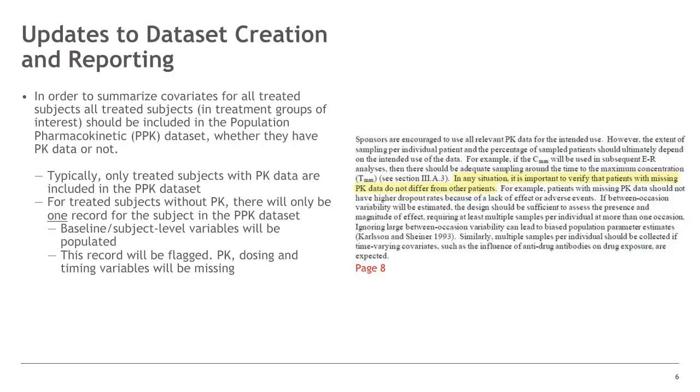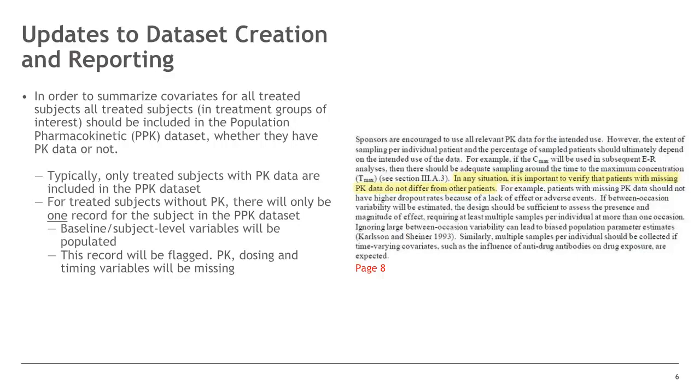So there are multiple ways that you can cut this, and obviously Neelima's suggestion of carrying through a placeholder for each of those subjects that may not have participated in the PK sampling portion, or for whatever reason didn't have PK samples taken, is a good way to handle it if you don't have easy access to some of the other subpopulation separations.